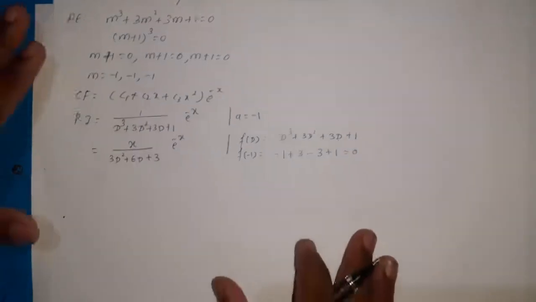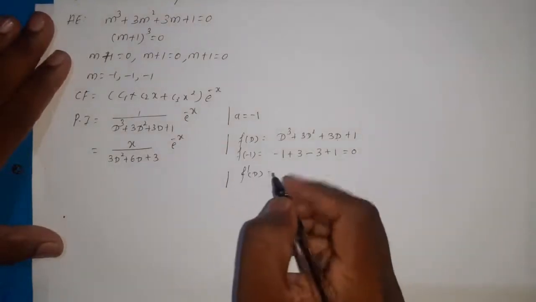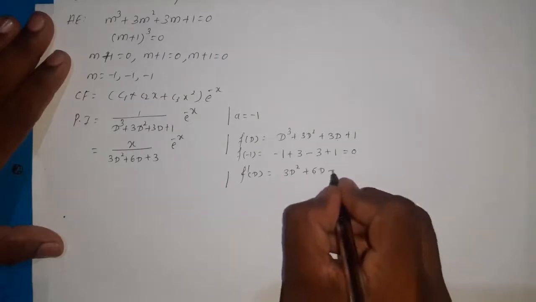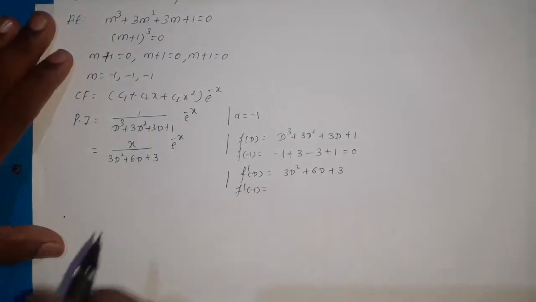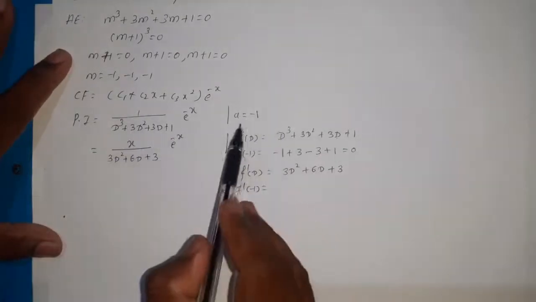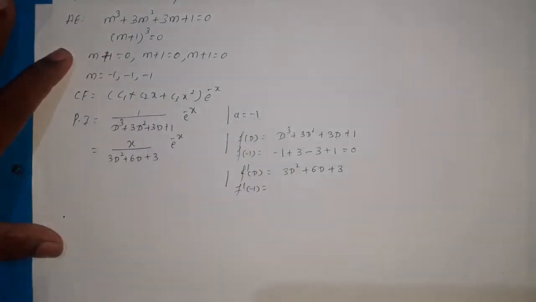Right. Now we have f dash of D. So f dash of D is 3D square plus 6D plus 3. Then f dash of minus 1, because again the D value won't change, that will be same. Here a is minus 1, so in all the steps that will be minus 1 only.